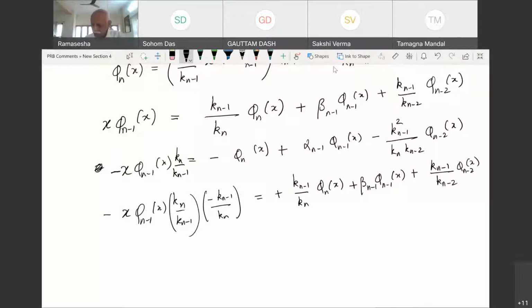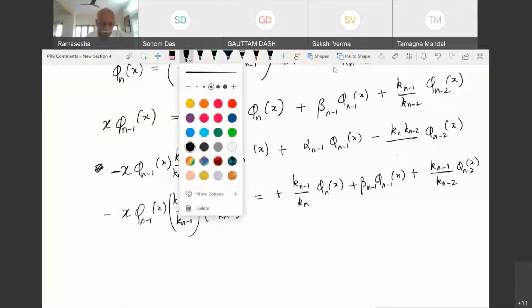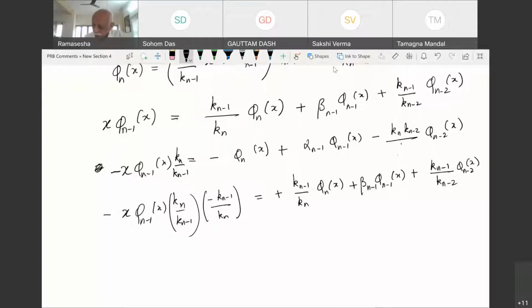Now this part I think I have written ulta. Nobody corrected me. So what this should have been was kn upon kn minus 2 upon kn minus 1 squared.